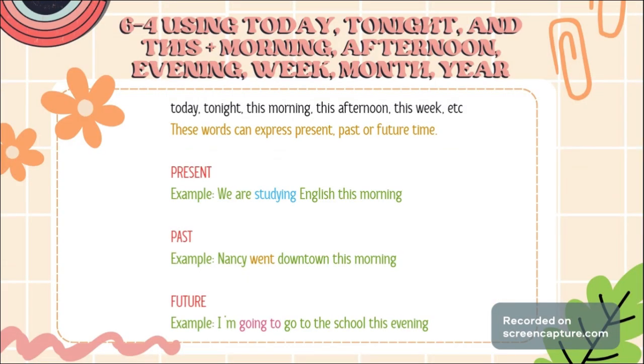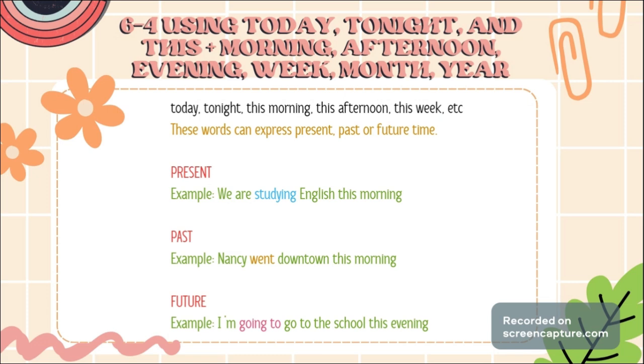Okay, next, using today, tonight, and this plus morning, afternoon, evening, week, month, year. These words can express present, past, or future time. Example for present, we are studying English right now. So the verb indicates that it is happening in the present.